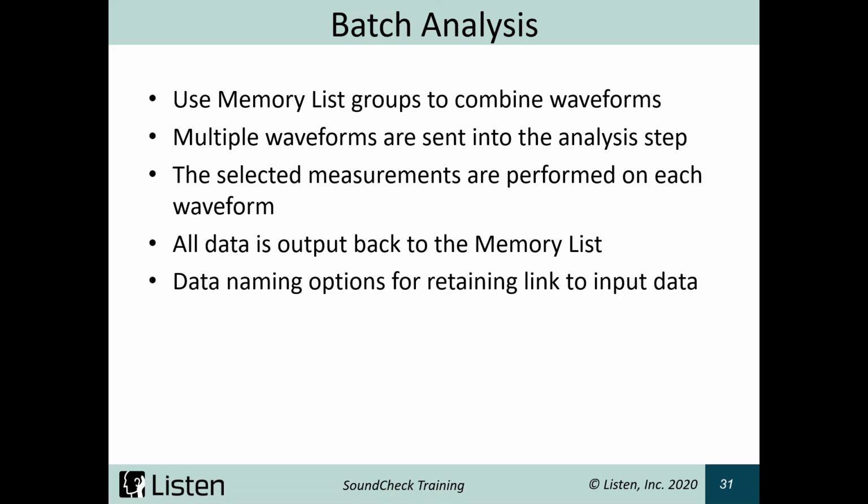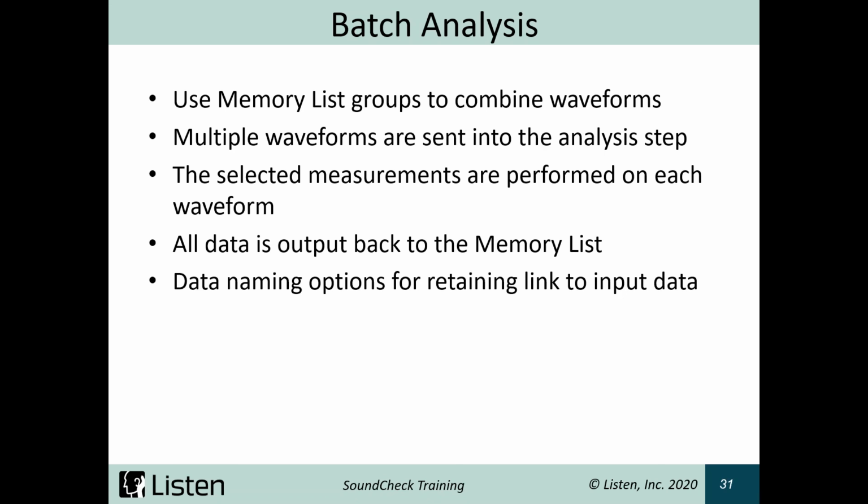Then I could take those 7 recorded time waveforms, make them a group, and then instead of just pointing to one of those in the analysis step, I could point to the entire group as the response waveform. Whatever algorithm we select is performed on each waveform in that group. So instead of just having frequency response for one, we would have 7 copies of frequency response.